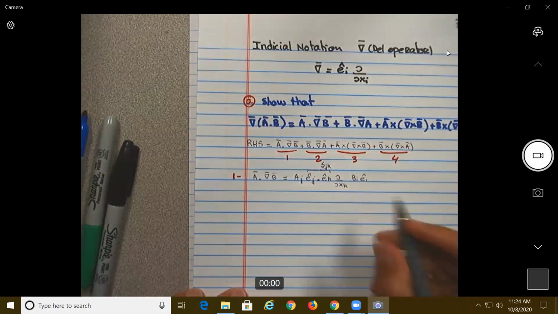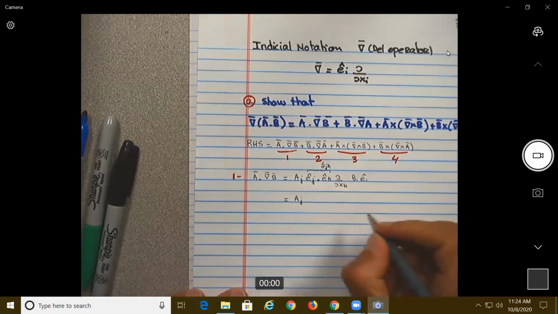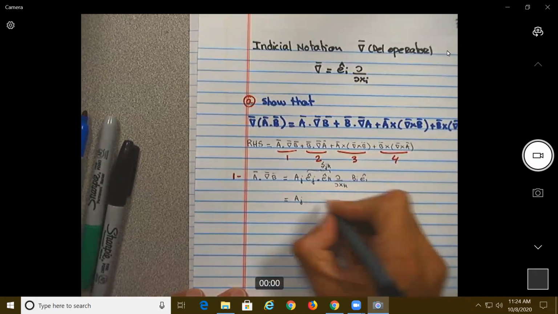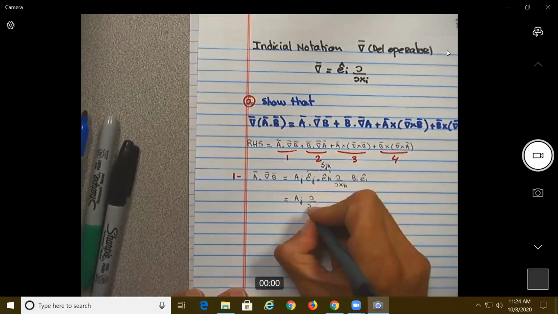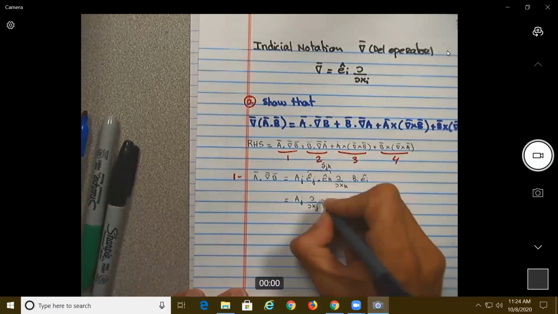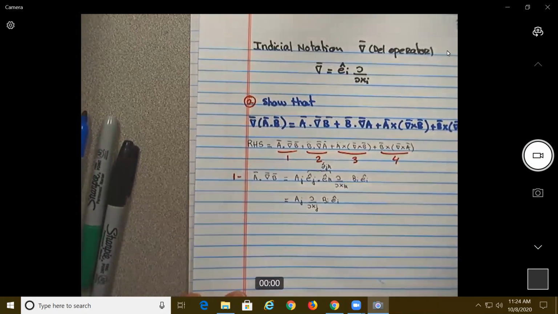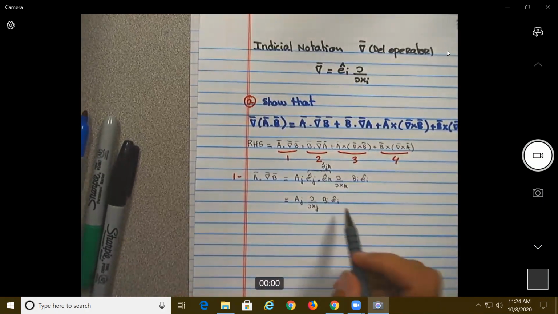All right? So from here, we get that this is equal to A sub j partial of x sub j, B sub i e sub i. This is the notation I selected.